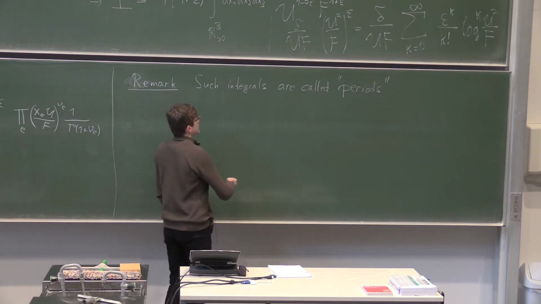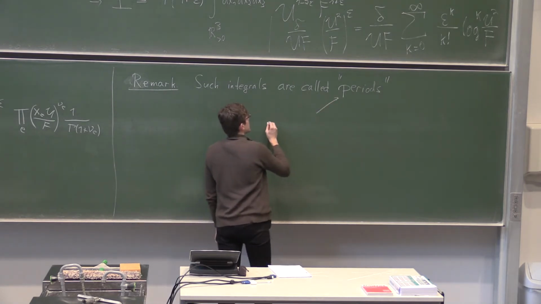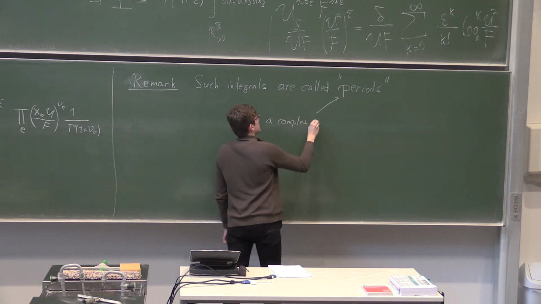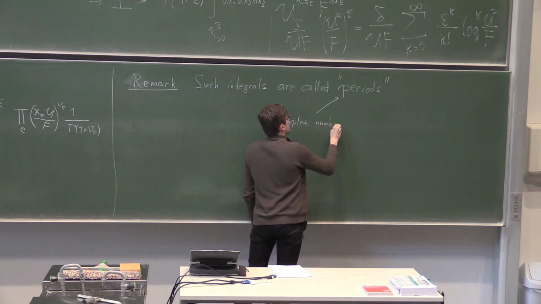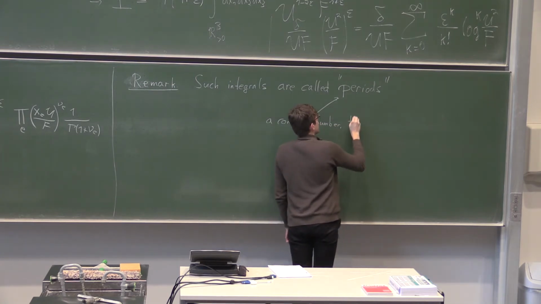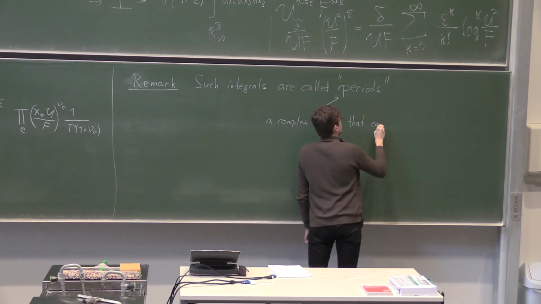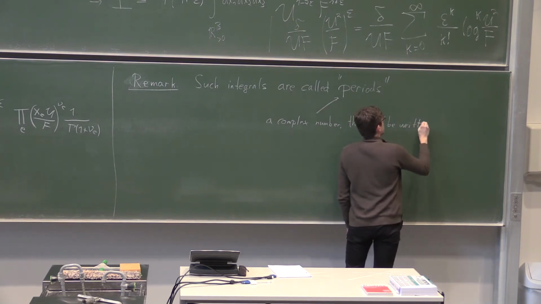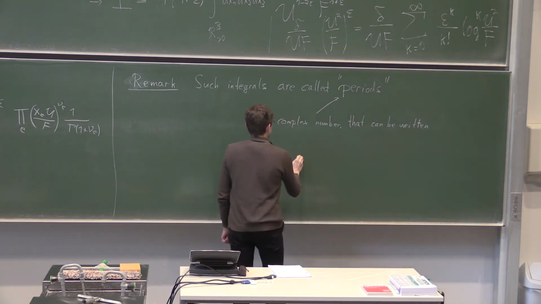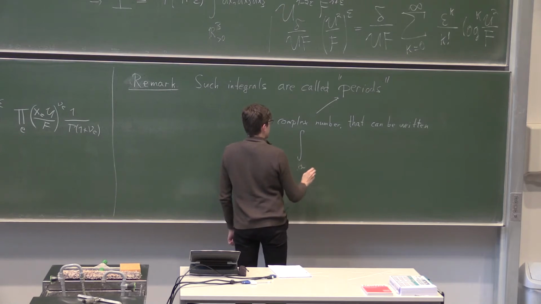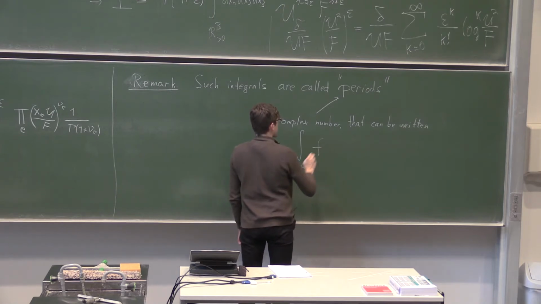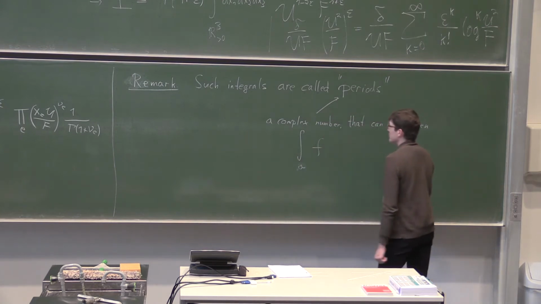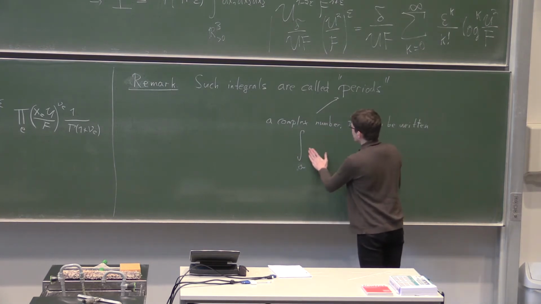So a period, so this is a number, so this is a complex number, that can be written as an integral over some domain of some integrand. I'm being very sloppy here. Let me write omega.